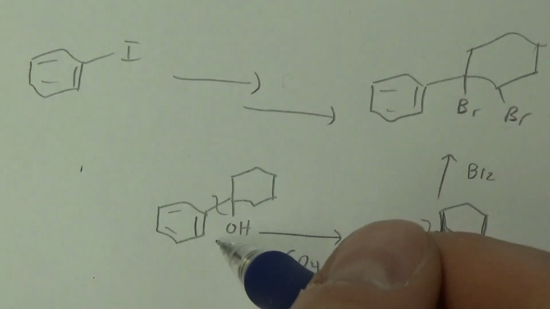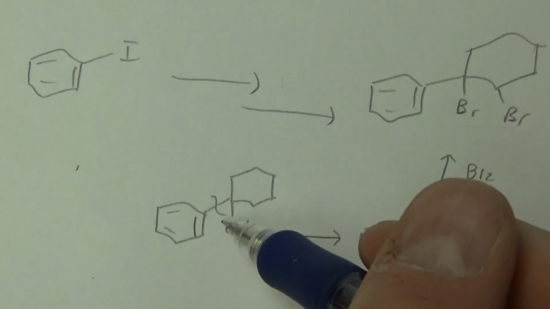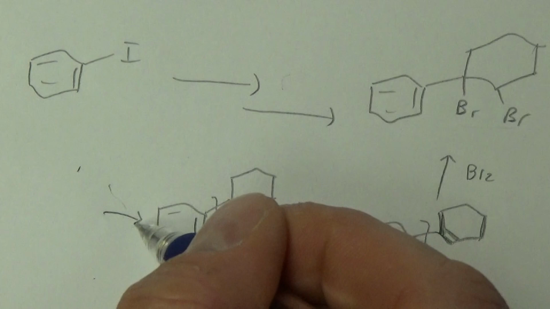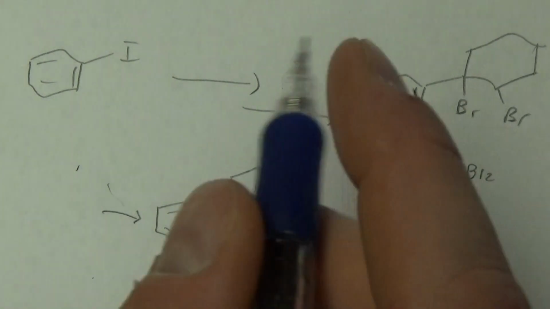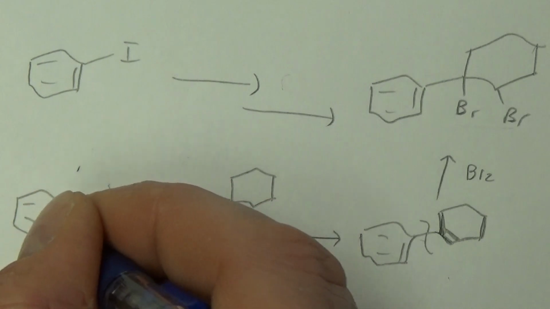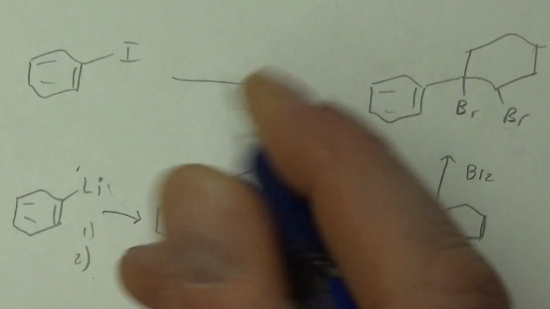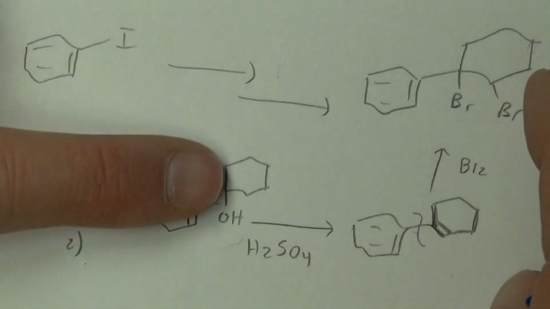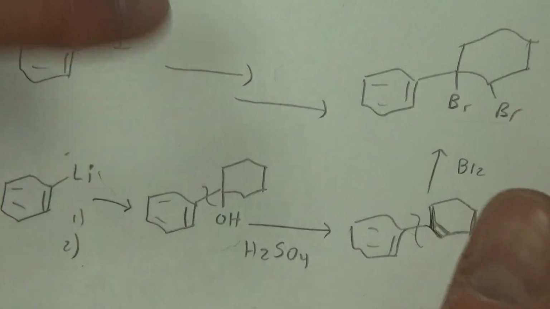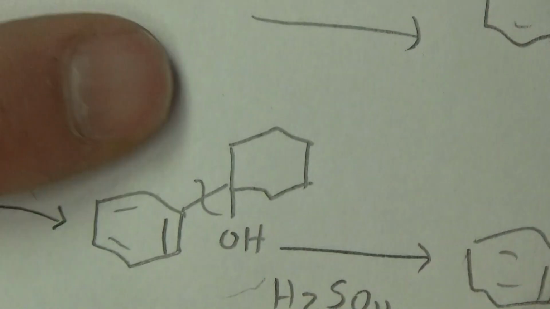We can also do it from organolithium. Let's change it up and do an organolithium, from, we'll say, phenyllithium. So which electrophile? The squiggly is right next to the alcohol. It's a tertiary alcohol, so it's a ketone.